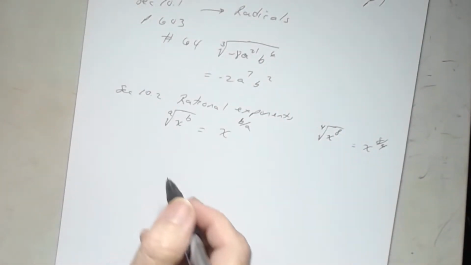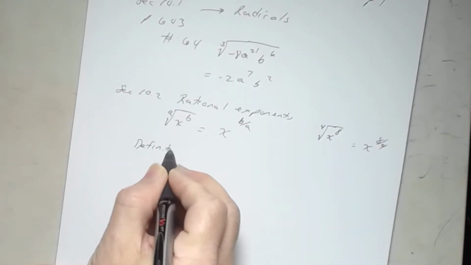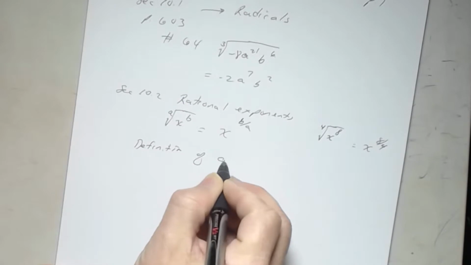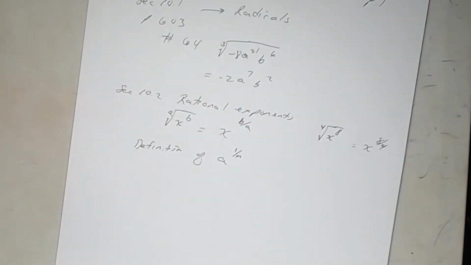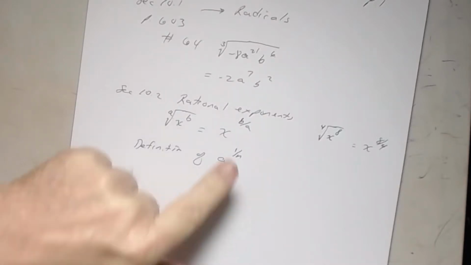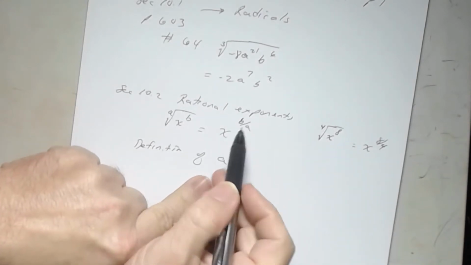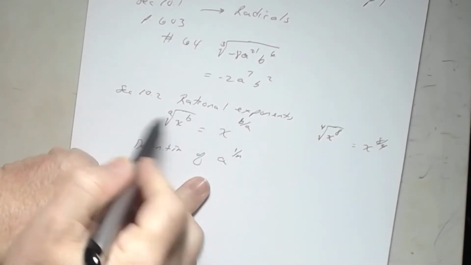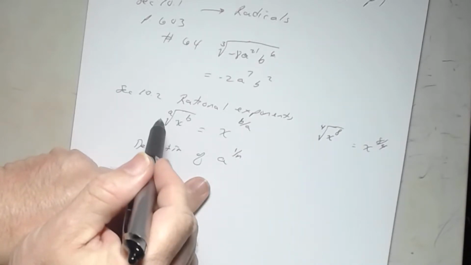One of the rules is the definition of a to the 1 divided by n. You can go from a rational exponent to a radical, and you can go backwards from a radical to a rational exponent.